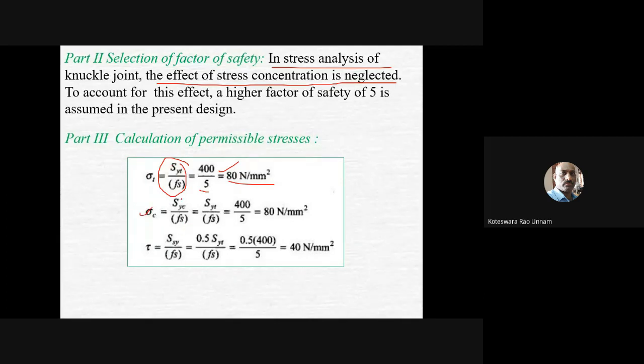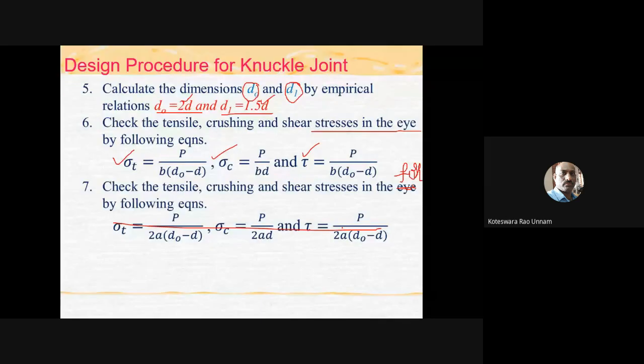Since he assumed SYT is the same as SYC, it is 400 by 5, which again comes out as 80 Newton per mm square or 80 MPa. Then tau, the allowable shear stress, is 0.5 SYT by Fs, which is 40 MPa. Once these values are identified, the remaining procedure is the same.